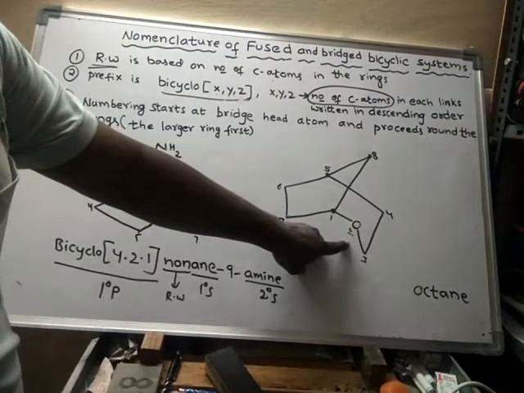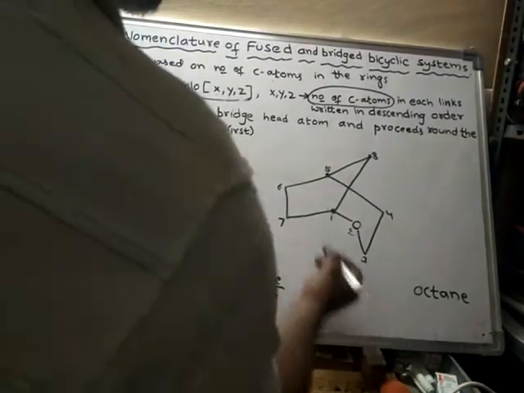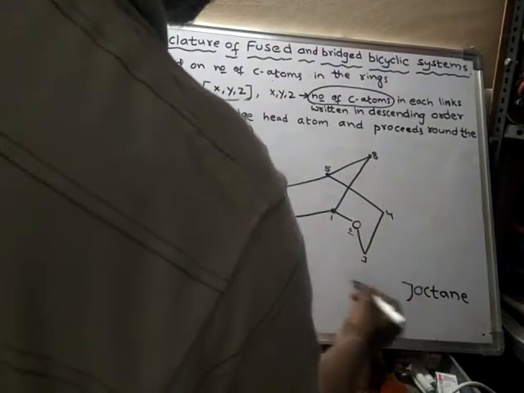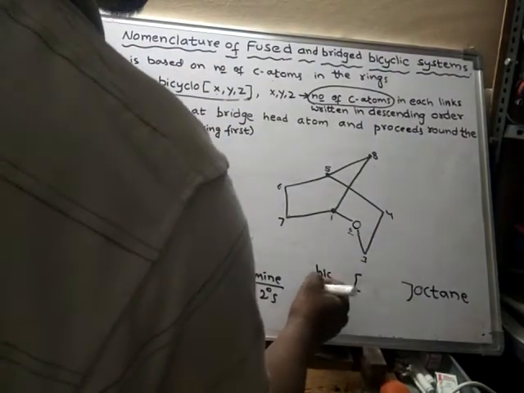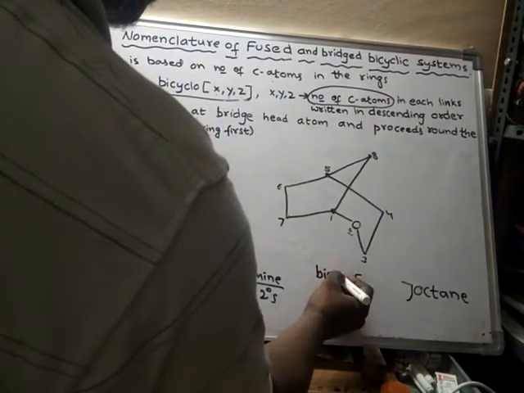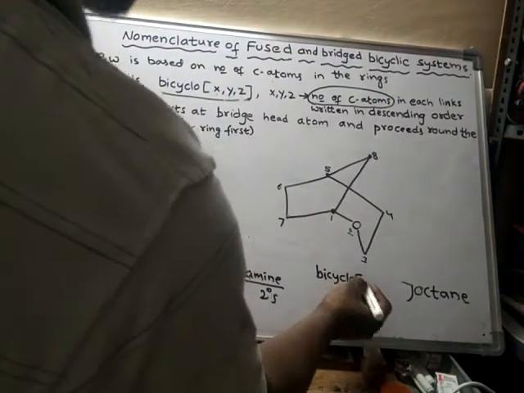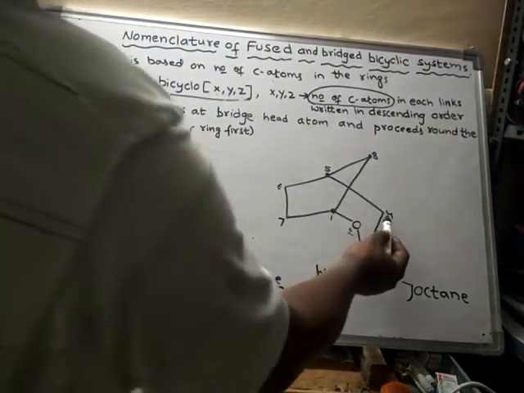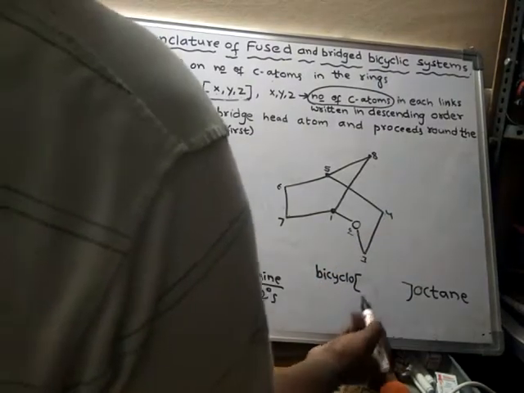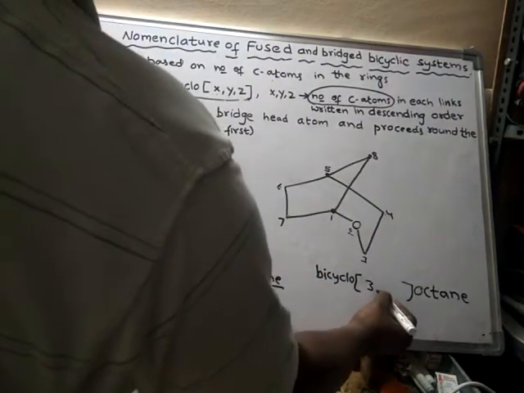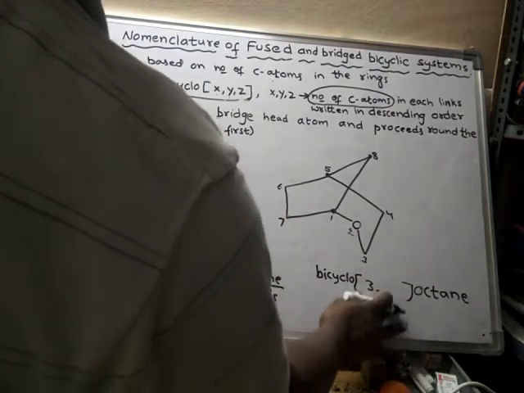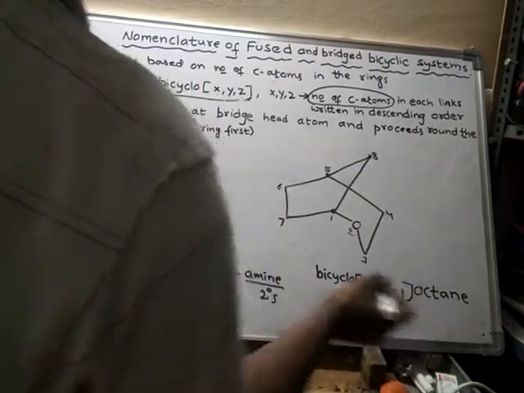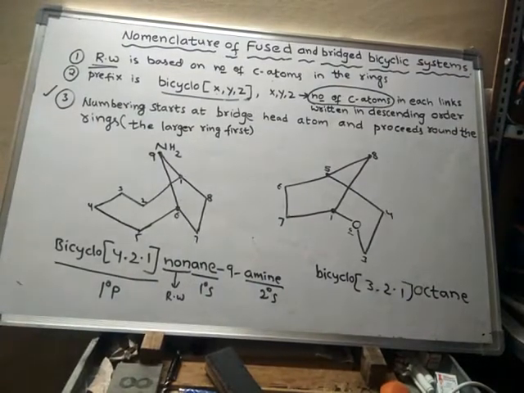Hence 2-oxaoctane. As it is a bicyclo compound, we have to write bicyclo also as a prefix, followed by the links in descending order. So how many? A 3 member link, a 2 member link and a 1 member link: 3.2.1.